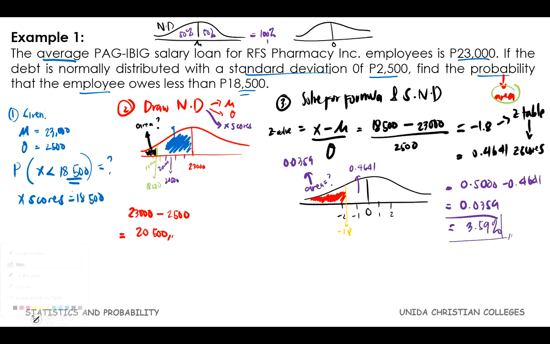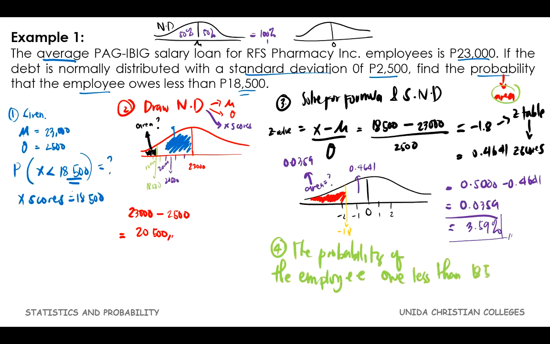Okay, last step is syempre, we have to interpret our data. Okay po, let's interpret our data. So, ang hinanap natin is the probability of the employee O less than 18,500. So, the probability of the employee O less than 18,500 is 3.59%.